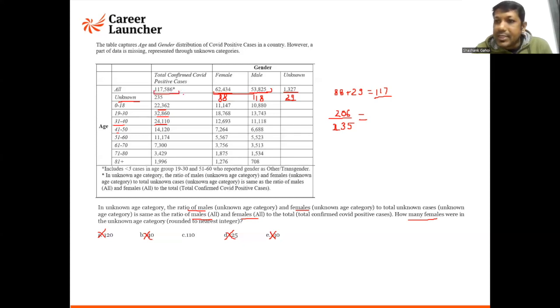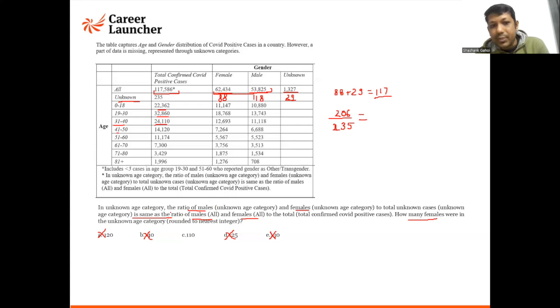So basically, these two ratios are not equal. If the question says this ratio is equal, but they are not equal, it means the question is incorrect. The statement that is provided here is incorrect because it is contradicting this point.